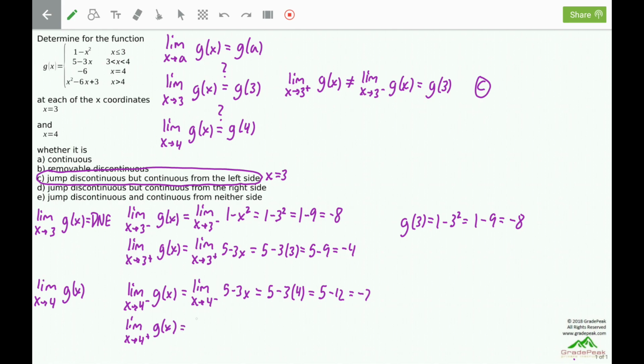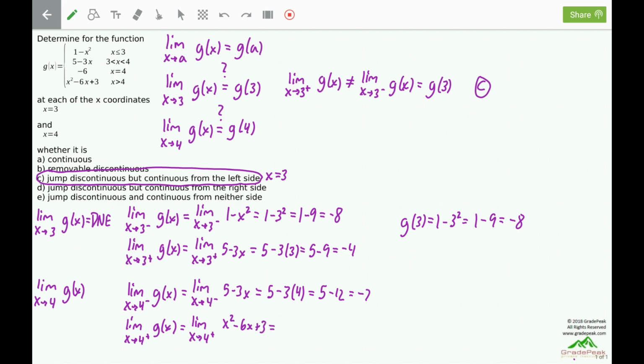We can now work out the right side limit. The right side of 4 is greater than 4 from the split expression function. That will give us that expression. So we have the limit as x approaches 4 from the right side of x squared minus 6x plus 3 can replace the g of x.